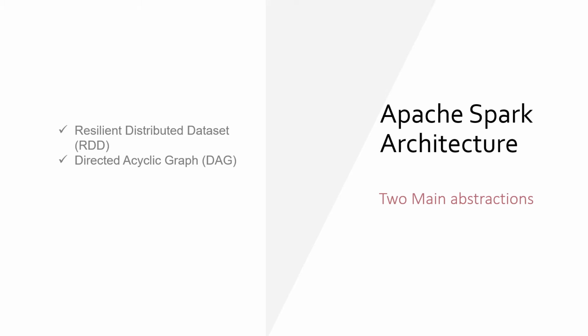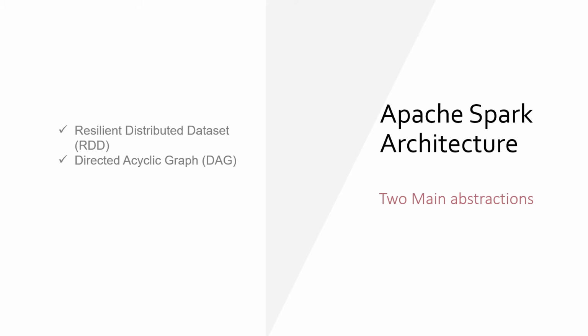Directed Acyclic Graph or DAG is an alternative to the MapReduce where the user has to break down all the operations into smaller tasks and chain them together in order to use MapReduce. Spark provides this alternative, which has multiple levels that form a tree structure.